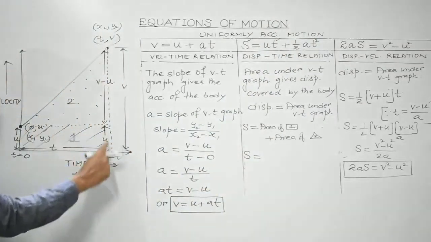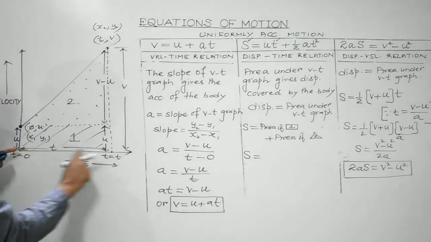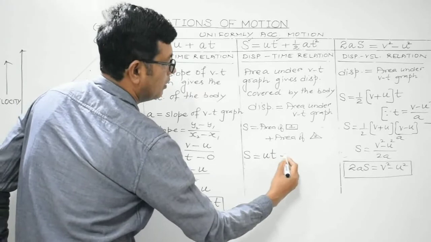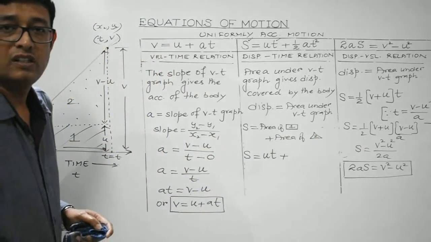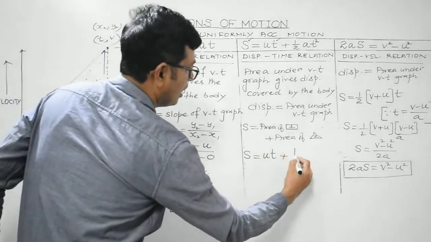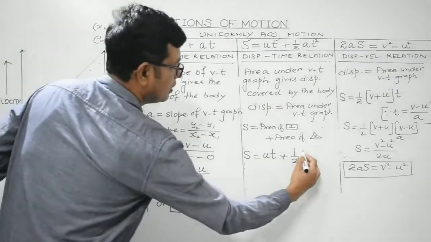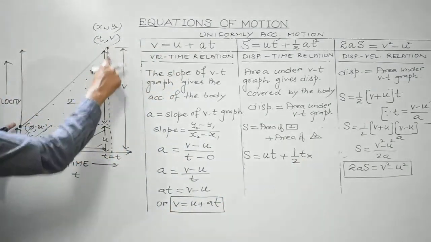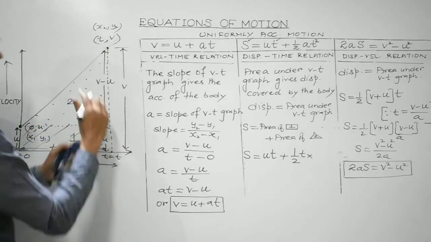Look, area of the rectangle is length into breadth, so length is t and breadth is u, so you get u into t, plus area of triangle. This is the triangle I am considering. Its area is half base into height, half base, that is t units, into height, which is v minus u units.